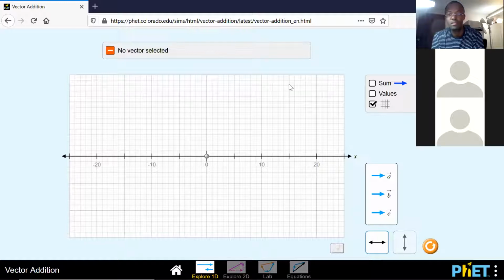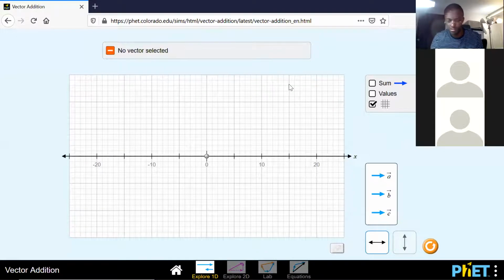Now, if you have a vector quantity like velocity, how do you tell the direction of the vector quantity?